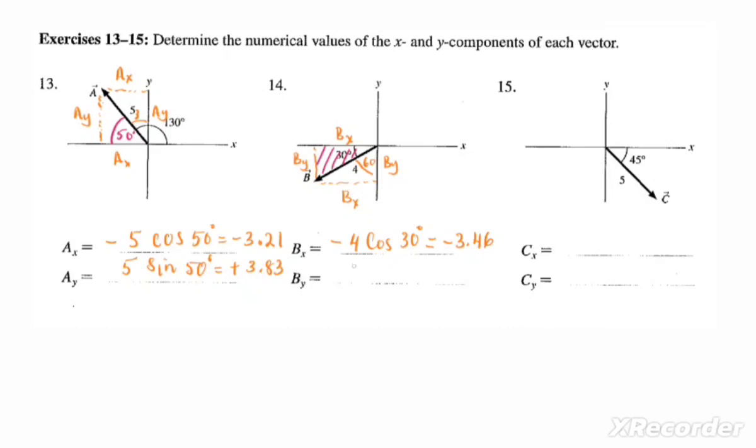And for y, we have 4 sine of 30 degrees, and it is also negative because the vector is in the third quadrant. This gives us negative 2.00. And that is using the little triangle, which is shaded here in red. You can also use this triangle here with the 60 degrees, and you should get the same values.